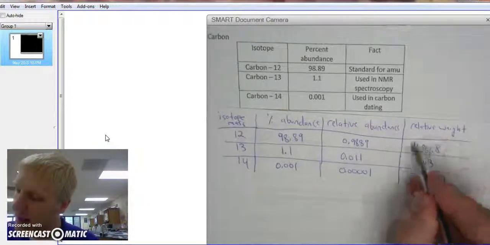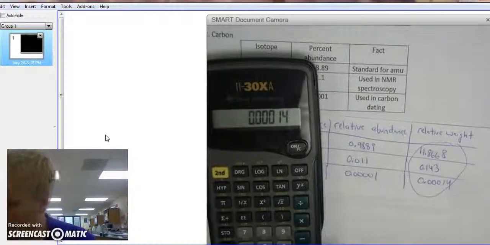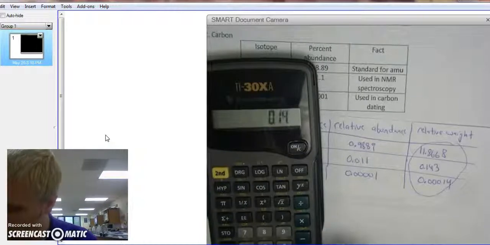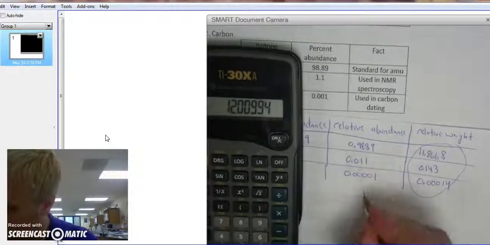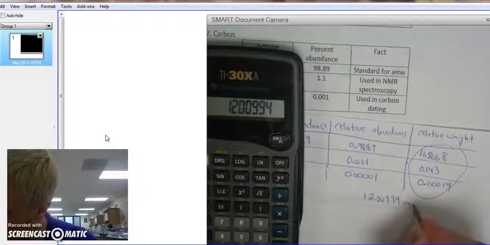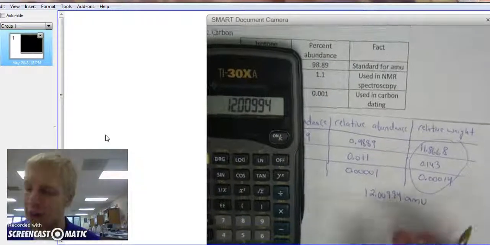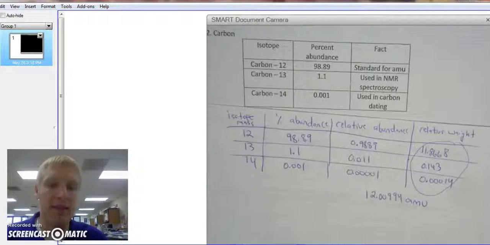Once I do that, I add up my 3 answers, and I'll get my atomic mass, which is my weighted average mass of all the isotopes. Right, and that's 12.00994 AMU, which is atomic mass units, and that is my atomic mass, my weighted average mass of the isotopes.